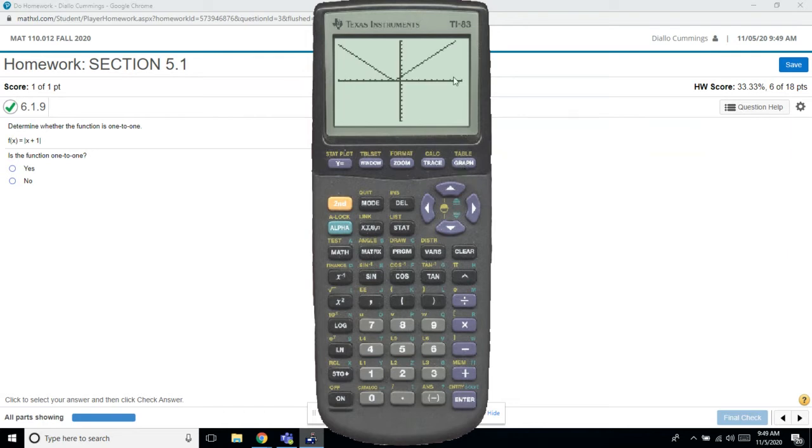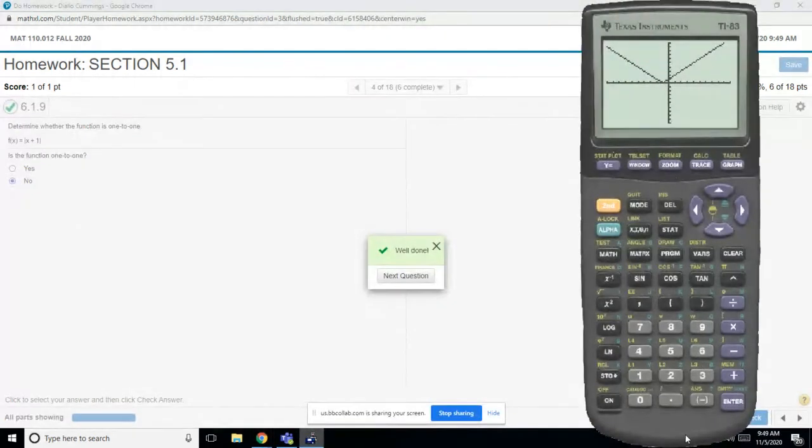Right, so notice we have a V-shaped graph. If I apply my horizontal line test, I can find a horizontal line that intersects in more than 1 point. So this graph is not one-to-one.